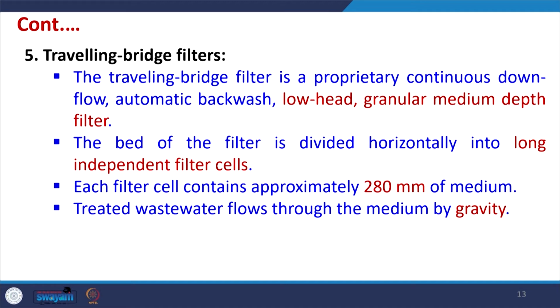Each filter cell may contain up to around 280 millimeter of the medium, and the wastewater flows through the medium by gravity as earlier, but in this filter there is a travelling component within the filter bed itself.